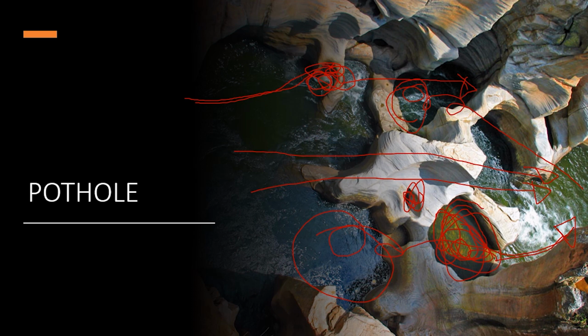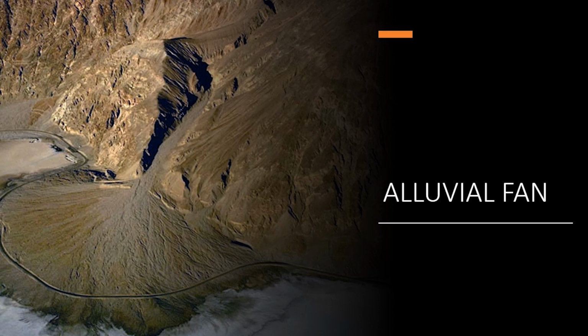All right, so let's move on. Ta-da! The alluvial fan. The alluvial fan, or in Thai we call เนินตะกอนรูปพัด. So if you don't see the fan shape in this picture, it's right here.